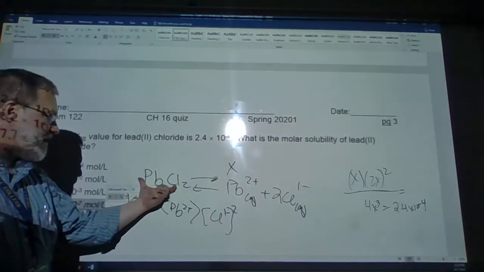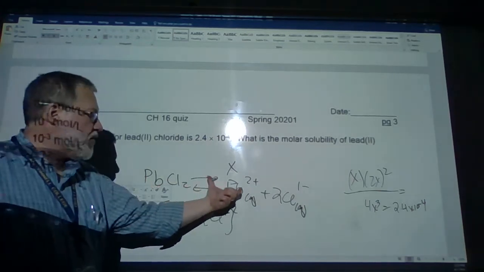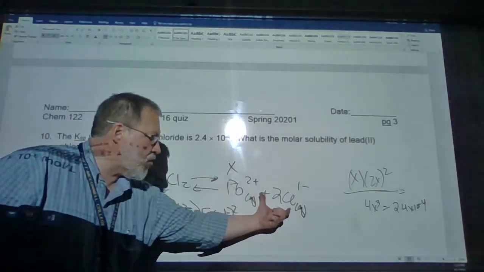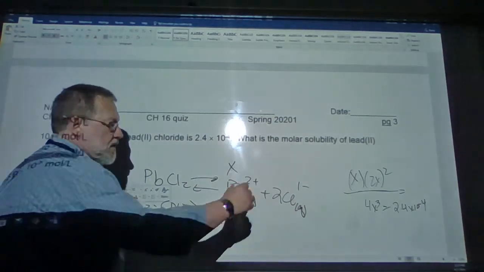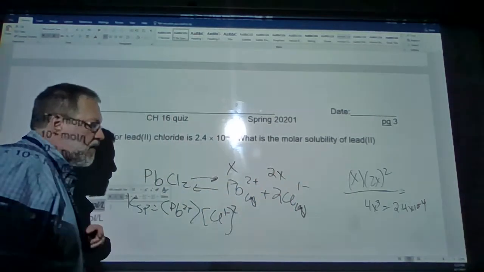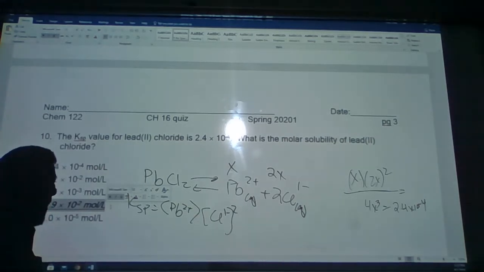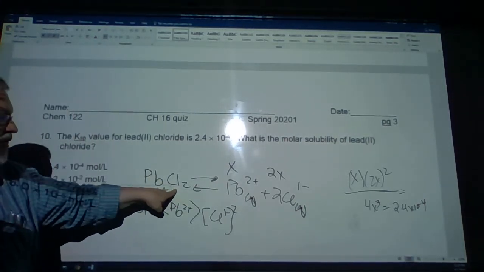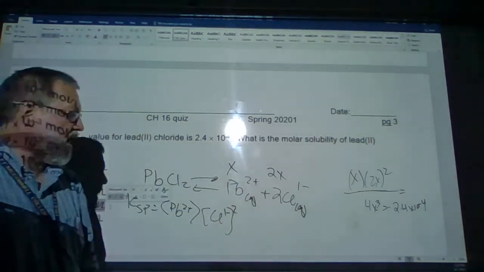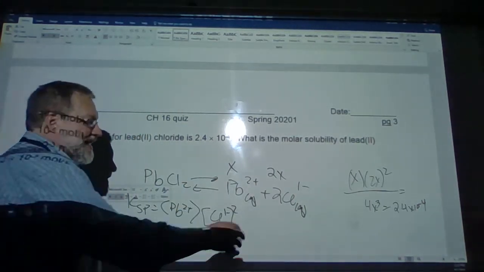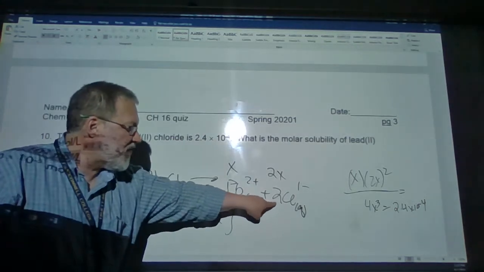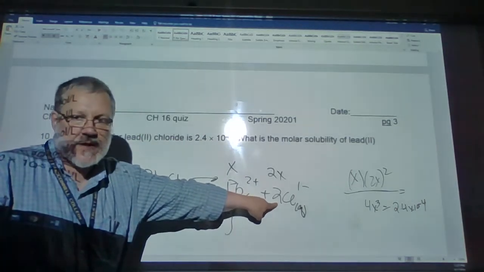So if X of this busts up, it produces X of the lead cation and 2X the amount of the chloride anion. So it's 2X.